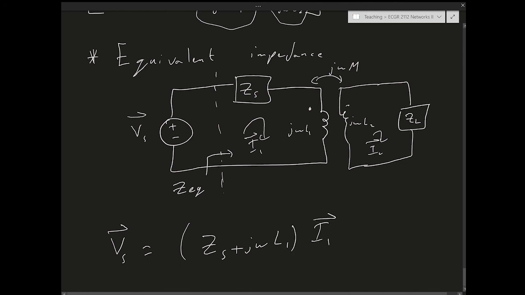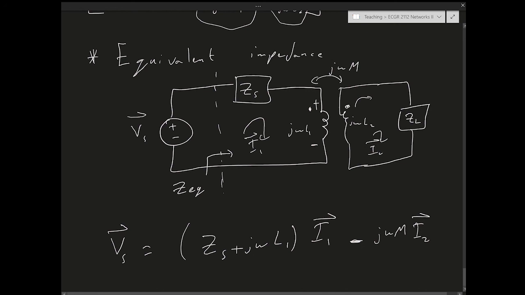And then I now have to put in the mutual voltage that appears here. So this is going to be j omega M, it's going to depend on I2, of course. And now I need to determine the sign. I2 is leaving the dot, so this is minus. And the KVL voltage I'm interested in is the same polarity as the dot, so this remains minus.